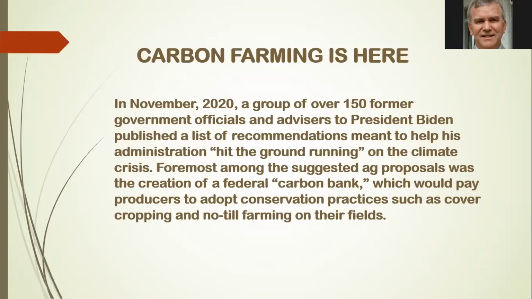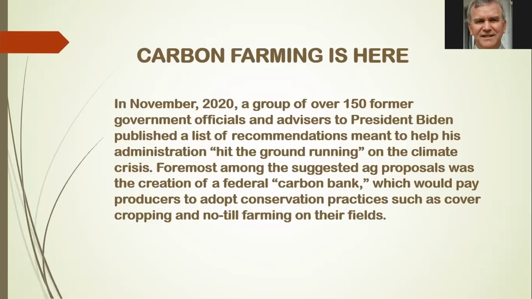Foremost among the suggested agricultural proposals was the creation of a federal carbon bank, which would pay producers, farmers, to adopt conservation practices such as cover cropping and no-till farming on their fields, because we know that these practices involve delivering organic matter to the farm soils, which then evolves through decomposition into humus chemistry, which is made up of stable molecules that last for a really long time in the field.